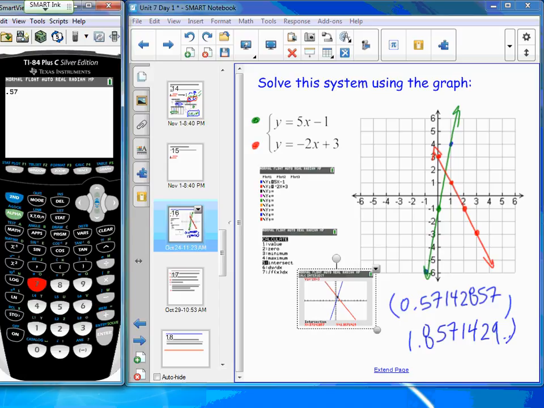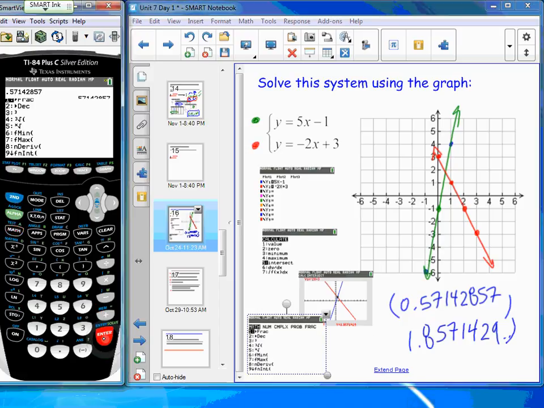I'm going to go ahead and enter 0.57142857, and I'm going to do math frac to change this into a fraction if it will. Enter. No, it didn't.